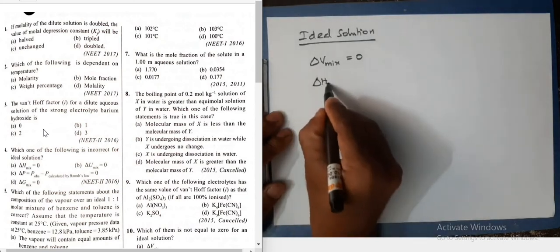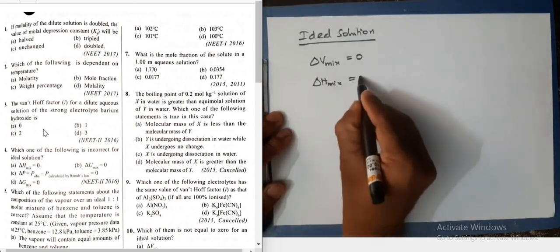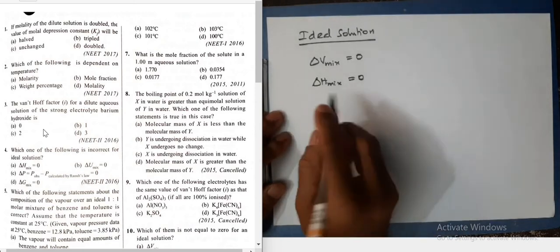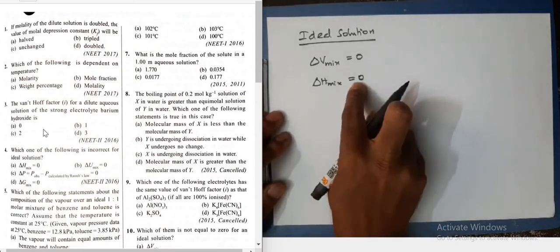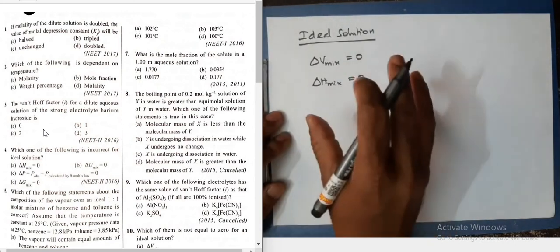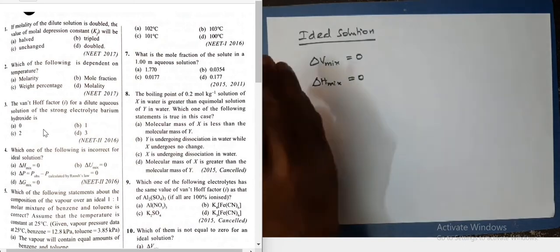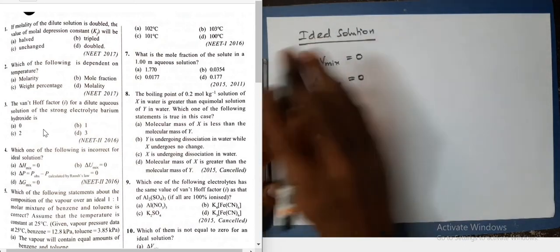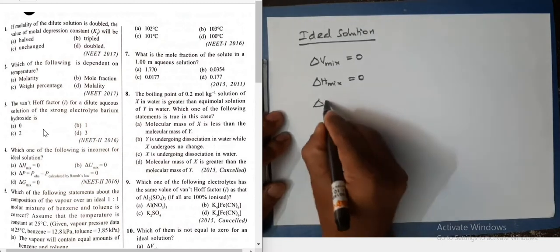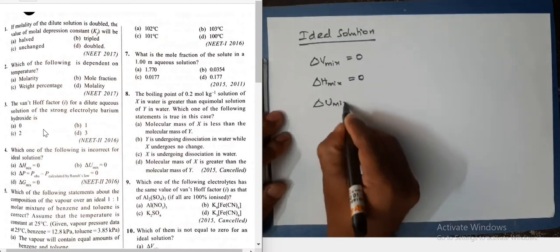Delta H mixing should also be 0. Delta U mixing, since delta H mixing is 0, your solution is a liquid solution. In the case of liquid solution, delta H and delta U are almost equal. Therefore, delta U mixing is also 0.